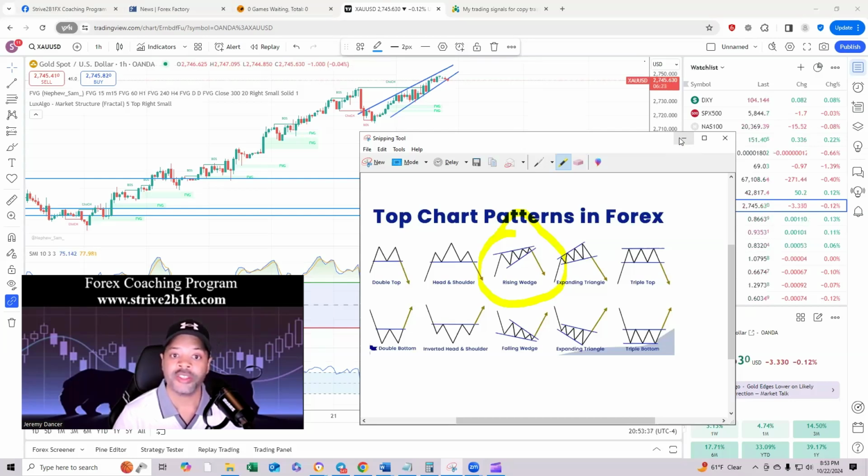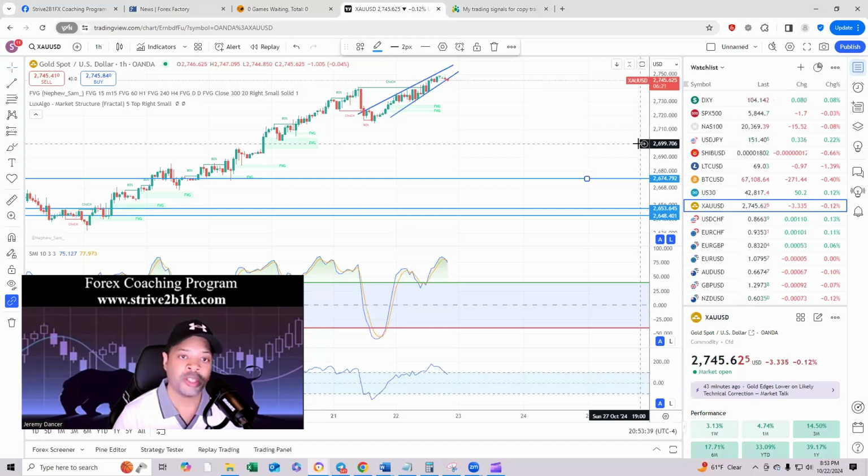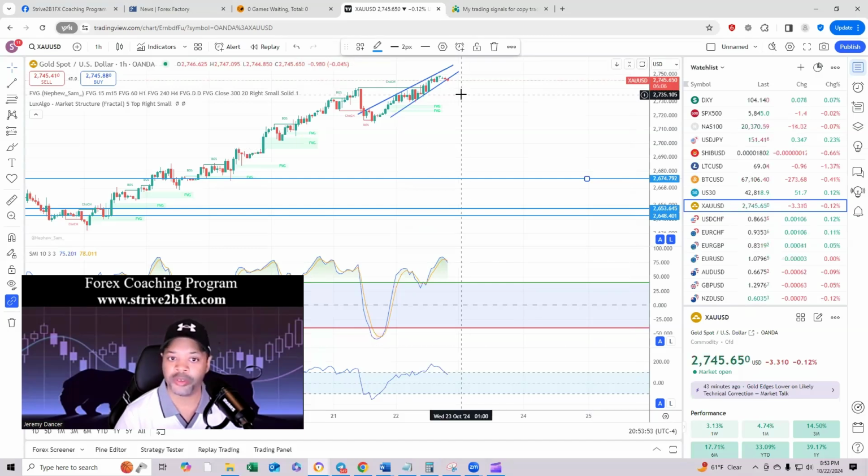So that 20 to 30% where they fail for whatever reason, if you understand how to read momentum and price action, you can get an idea as to when the pattern is not going to work out. But in this case, this is an amazing setup that is forming.